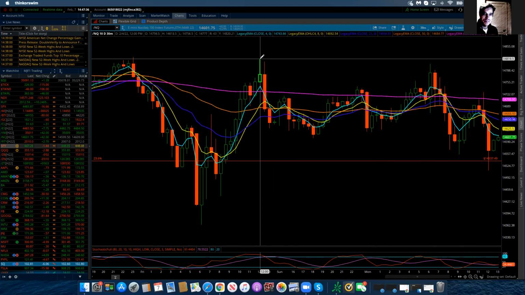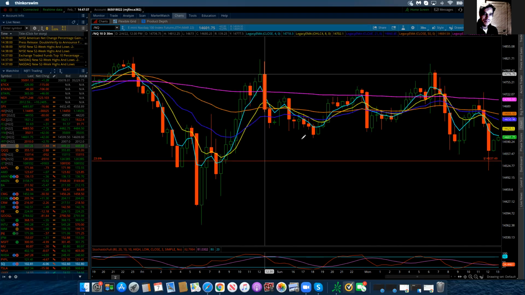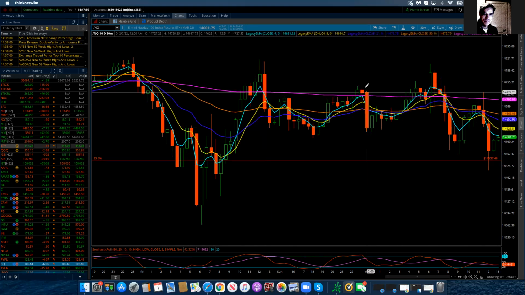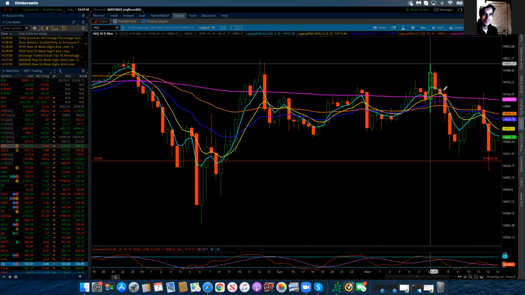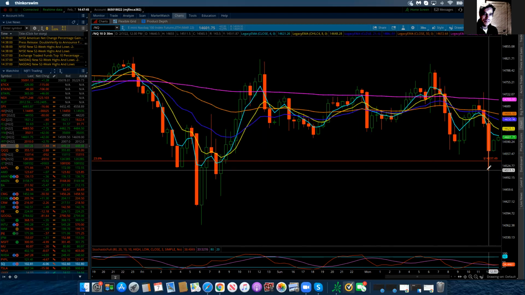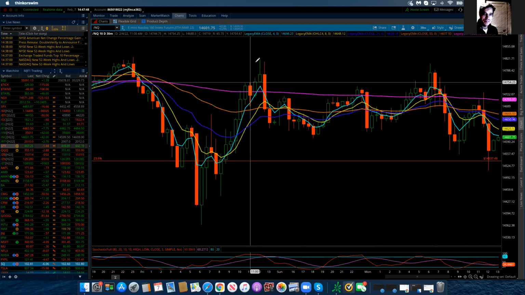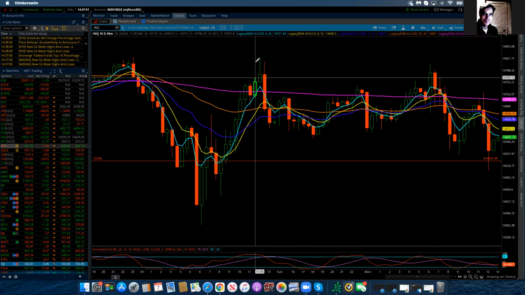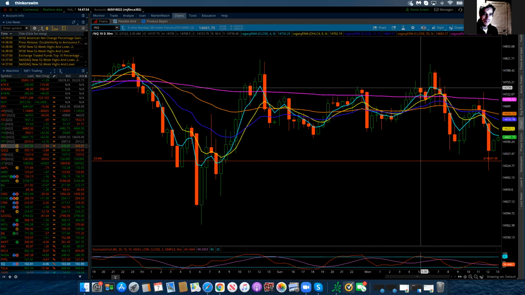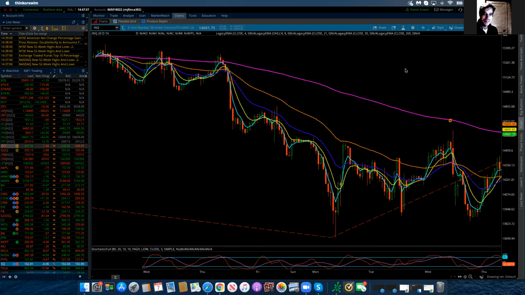But then we start to get into this motion of A, ABC, B, and then this coming down as a C wave for the internal B wave of this correction. So it got very, very confusing, and I'm leaving it open in terms of what that labeling is going to be. We'll back out to that hourly chart so we can put it into perspective.